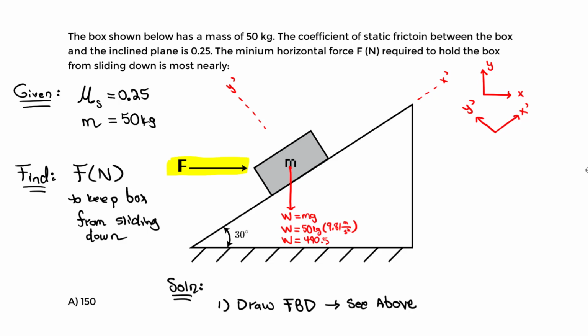So 490.5 newtons. I just solved that real quick, but we know that's acting vertical, right? We said our new orientation, we're taking everything with respect to the y prime and x prime. So we need to break this weight that's vertical into a respective component along the y prime and along the x prime.